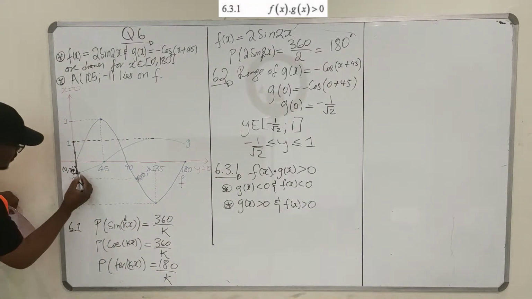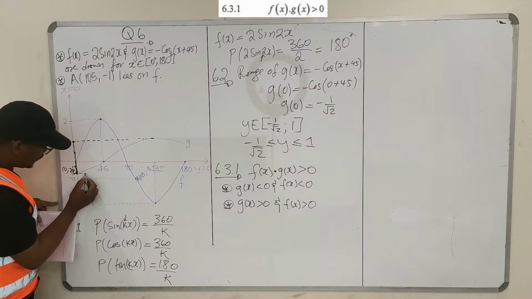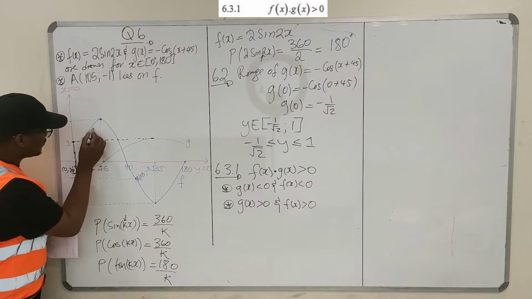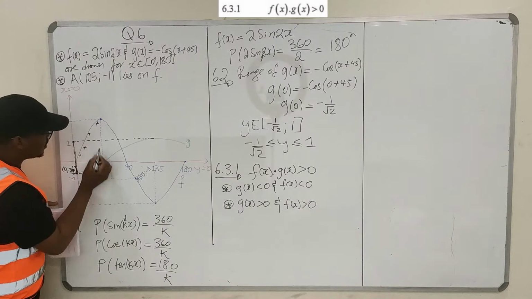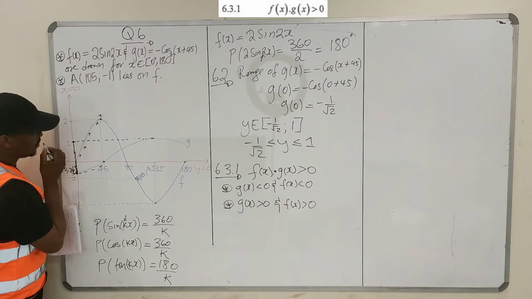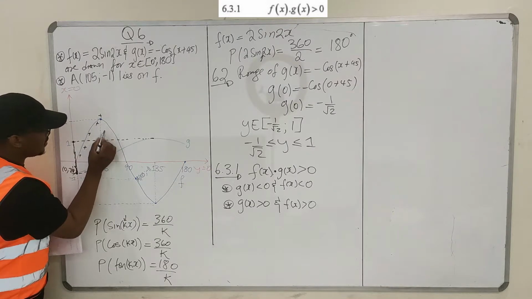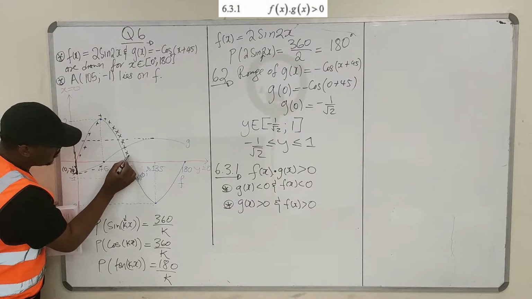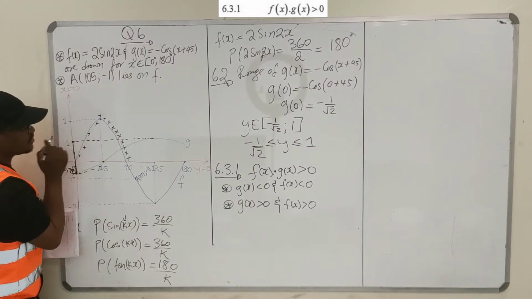So you can see here, if we start at 0, look at this point, you can see 1 is negative, negative, negative, negative, right? 1 is positive, positive, positive, positive, right? And then the other one is 0 here, the other one is positive there. If you look after this, here is positive, because it's above the x-axis, so it's positive.